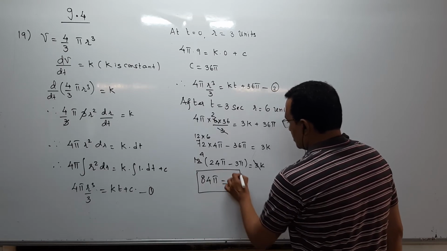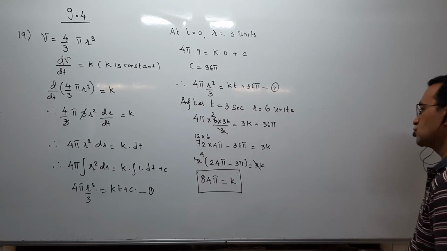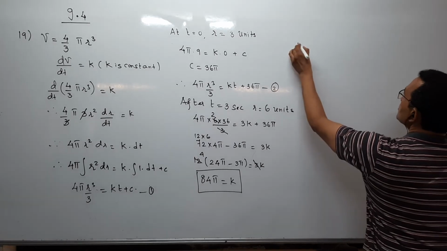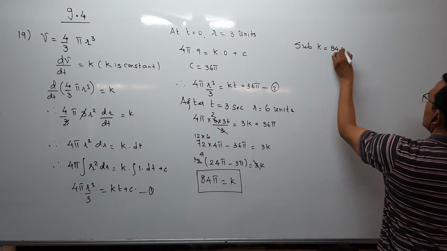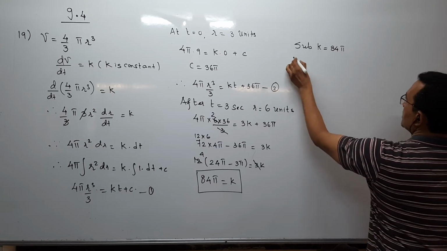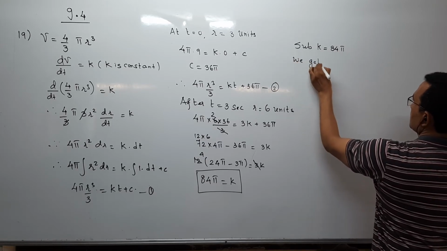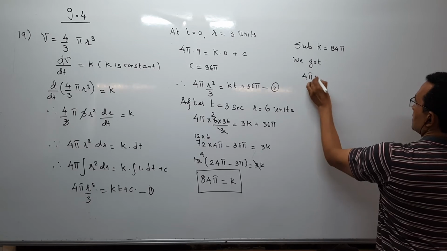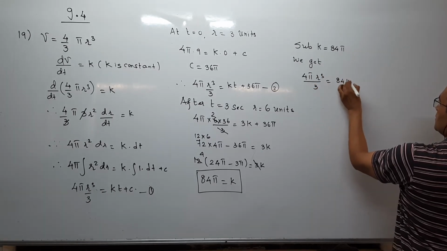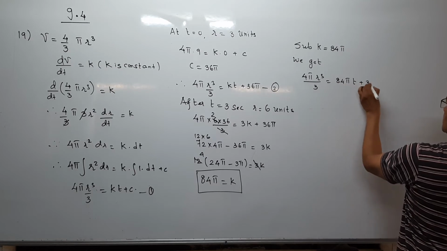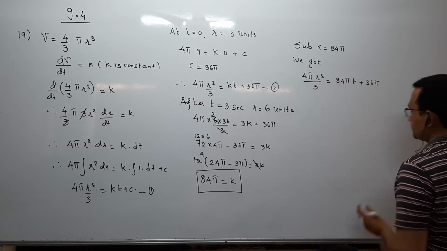So our constant we have already got, students. So substituting k is equal to 28 pi, we get 4 pi r cube by 3 is equal to kt plus 36 pi.